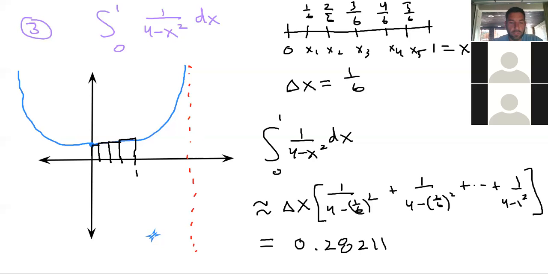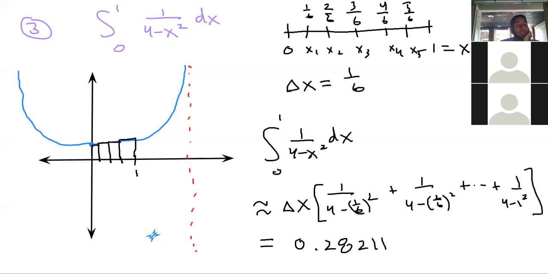So does anybody have a question about this first portion of this problem? Going once, going twice. So our approximation using 6 rectangles gives us 0.28211. And if you draw the graph, that actually looks very plausible. It looks like we're on the right path.